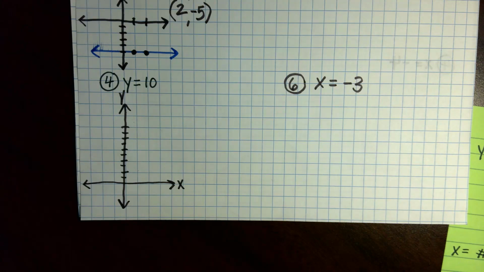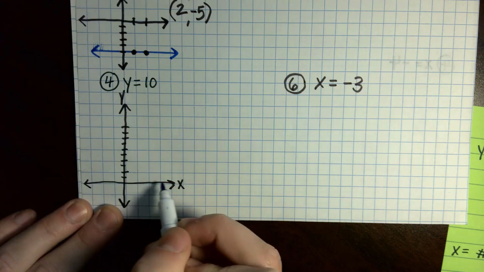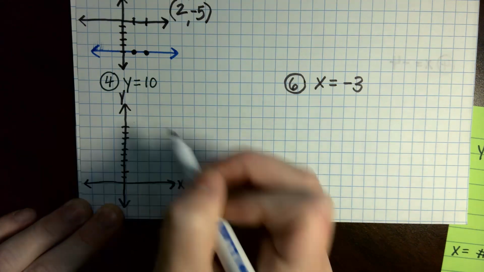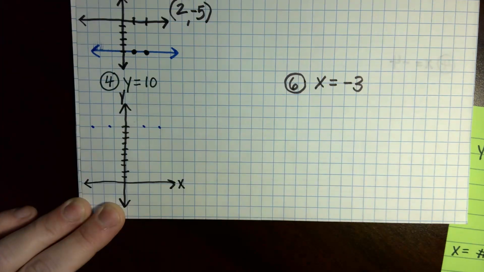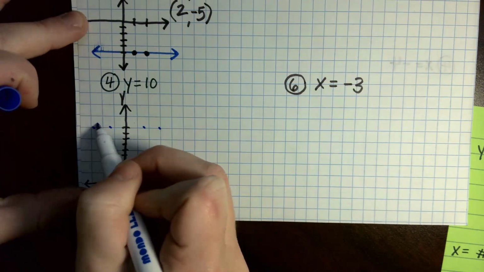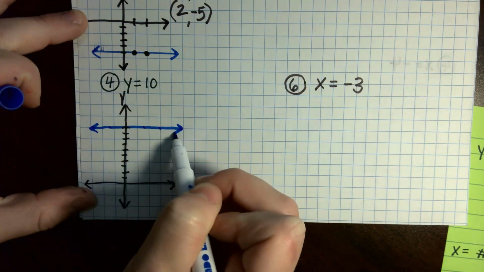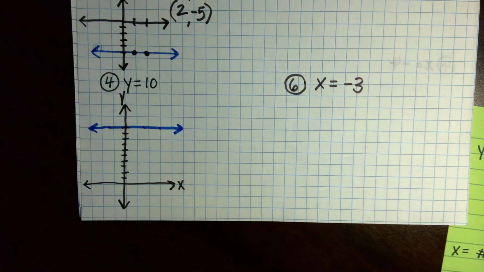Because I know that no matter what I choose for x, whether it be over here, it's always going to be at y equals 10. So I could even just draw some little dots up there. That's always going to be at that point. Always. Okay, how does that make sense to everybody? Everybody feel okay about that? Yeah, absolutely. Good. We needed a win today.